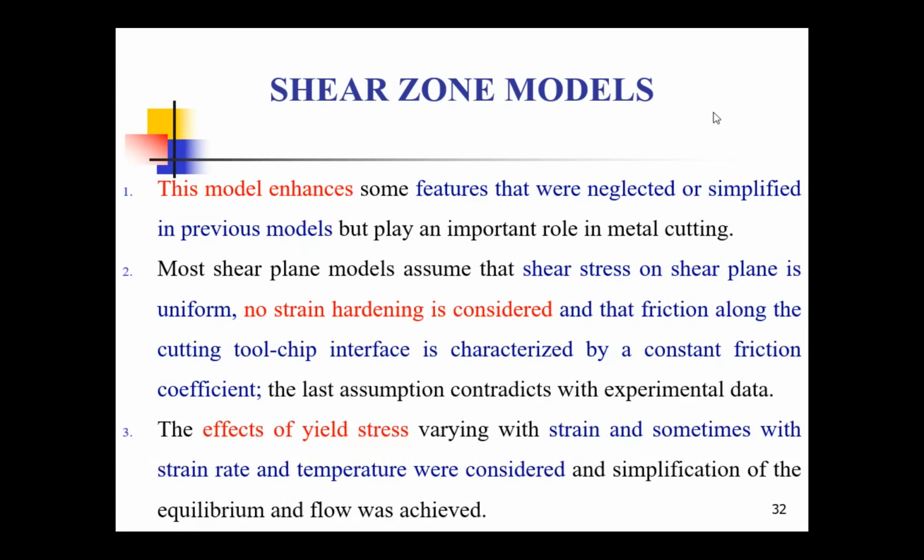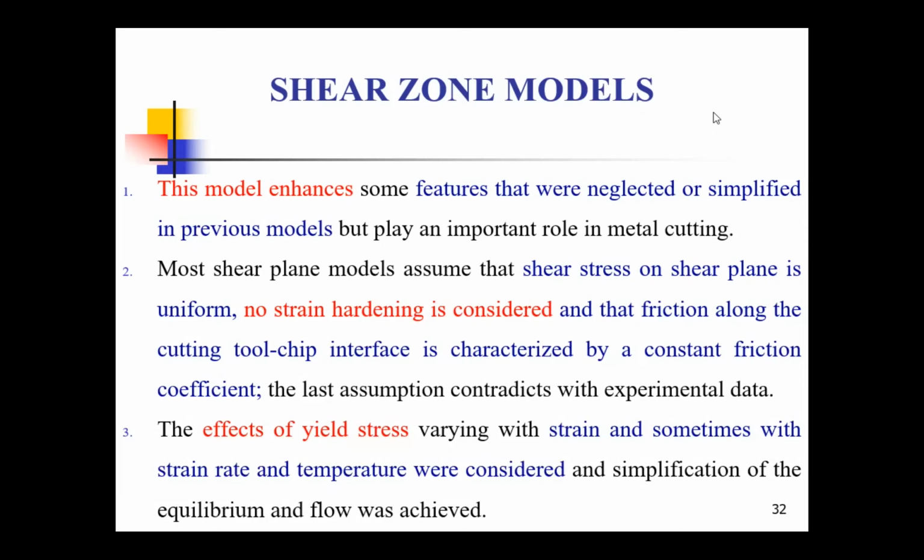Also, apart from this, in the shear zone model, the effect of yield stress with strain, strain rate and temperature was considered. Because the models we are going to see for flow stress, thermal model, friction model, tool wear models and all these will incorporate strain rate, temperature and strain hardening in the model.